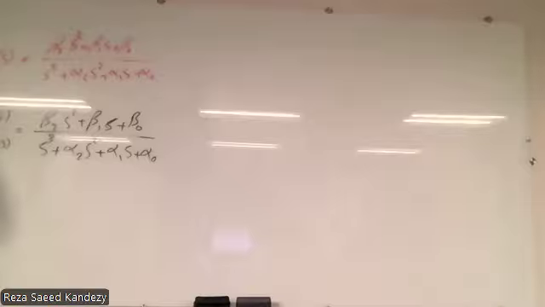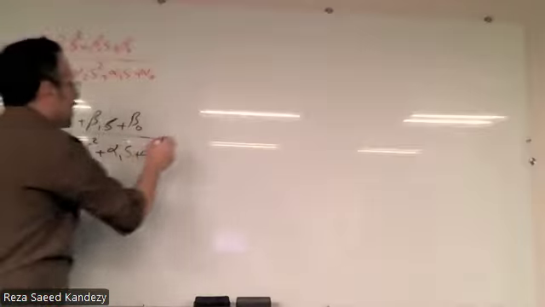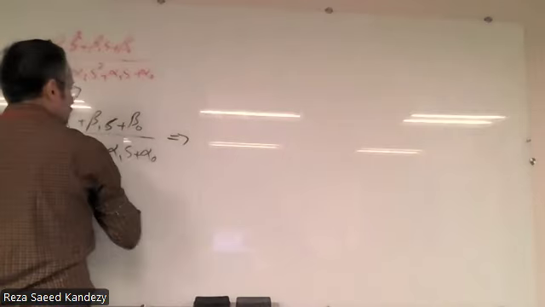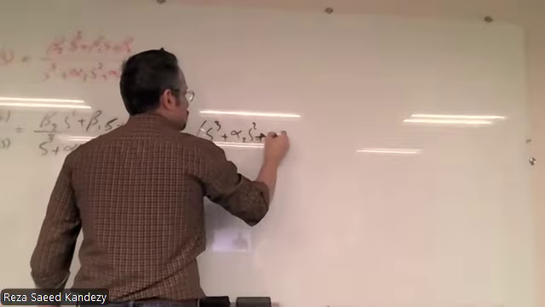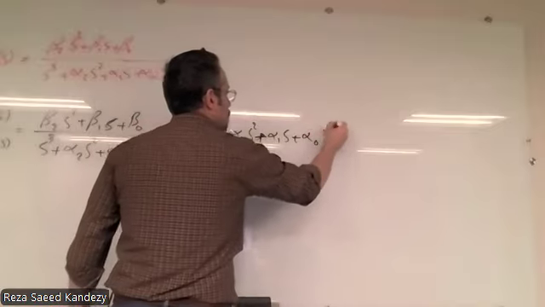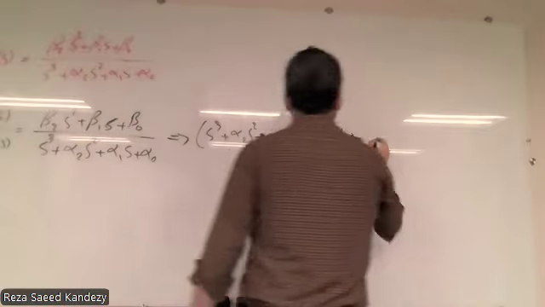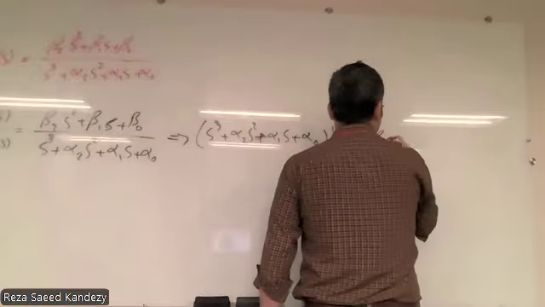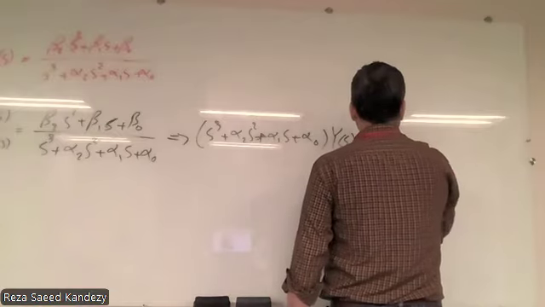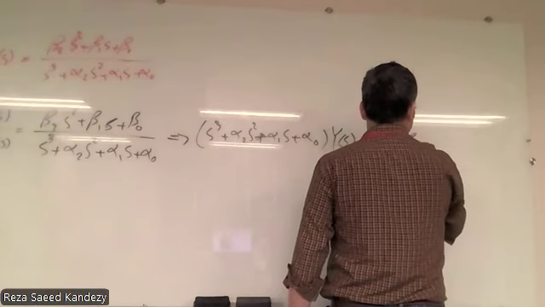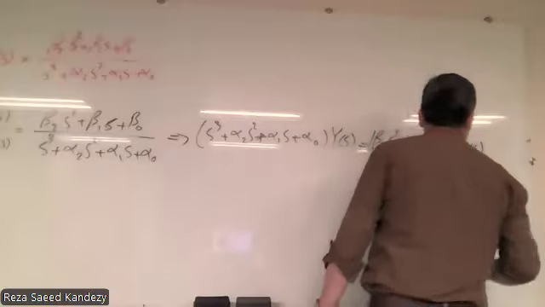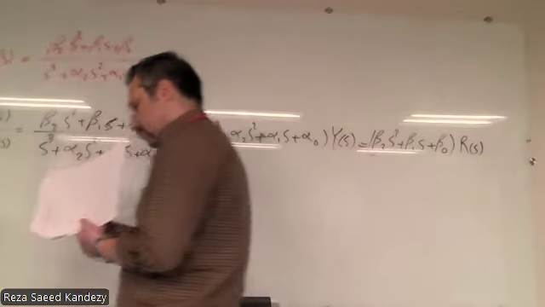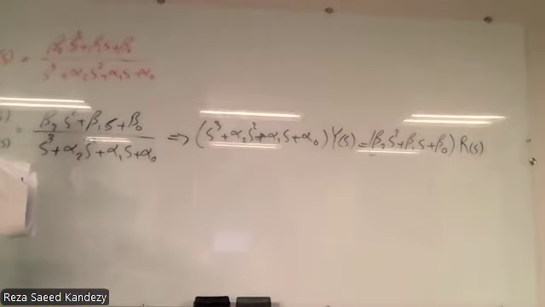So what we had is to simply make this transfer function into a function of Y(s) that is equal to another function of R(s). The denominator times Y(s) was equal to the numerator times the input. Next step, what was the next step?